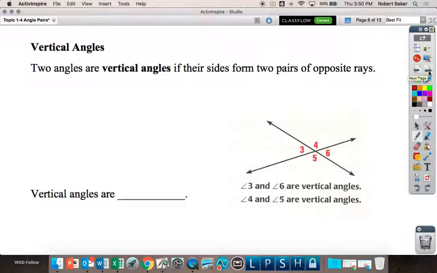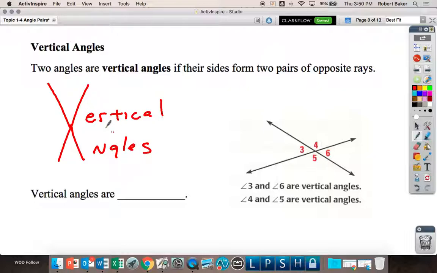Last one here. The last word. Vertical angles. It took me 8 years to come up with this definition. Because people always suck at this one. So whatever I have to do, please hold your applause.